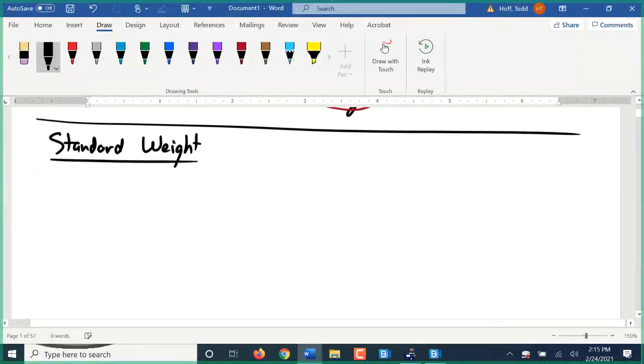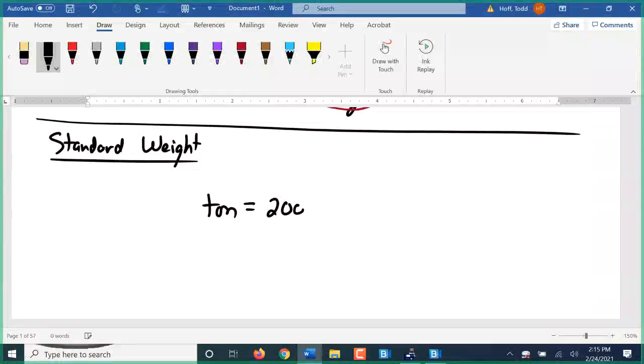Let's start with the larger one. Let's talk about a ton. Typically, we think of a ton as being 2,000 pounds. And it is 99.999% of the time. You hear the term ton in this country, talking about 2,000 pounds.